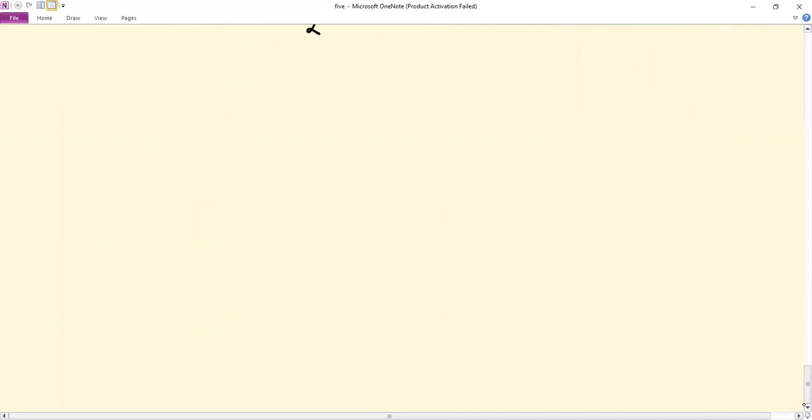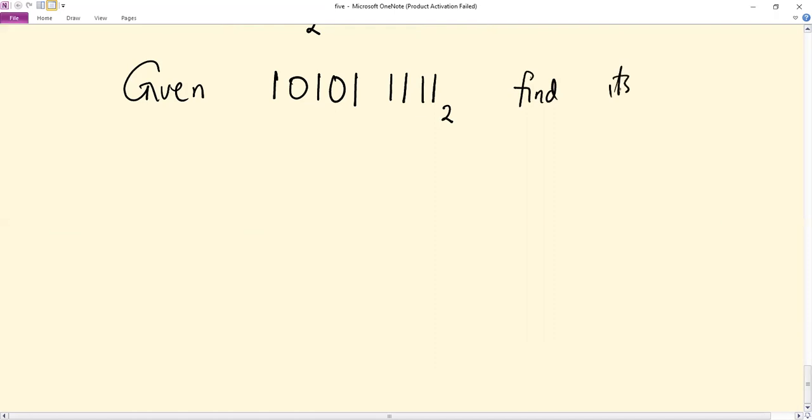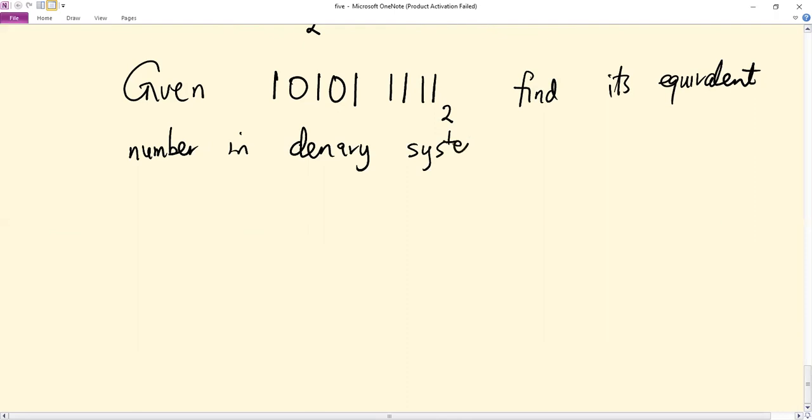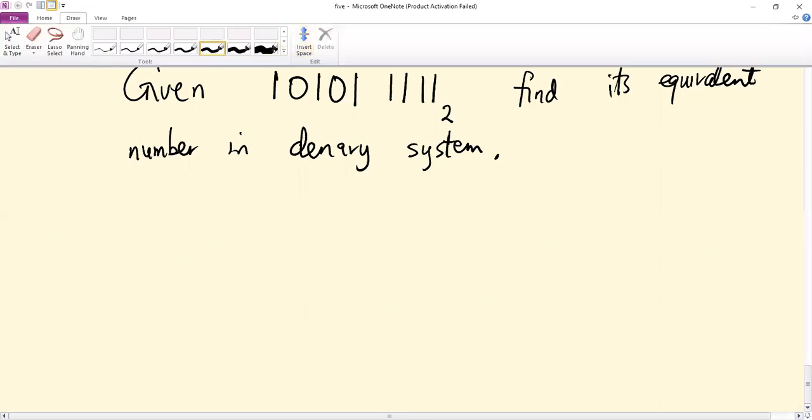Another example. Given 1 0 1 0 1 1 1 1 1, find its equivalent number in the denary system. So this is what you do. Now this one, you don't have a decimal.